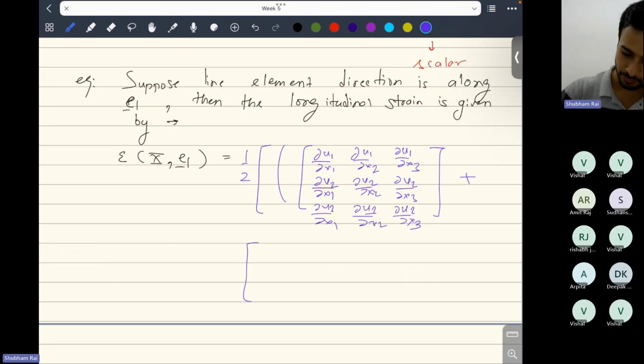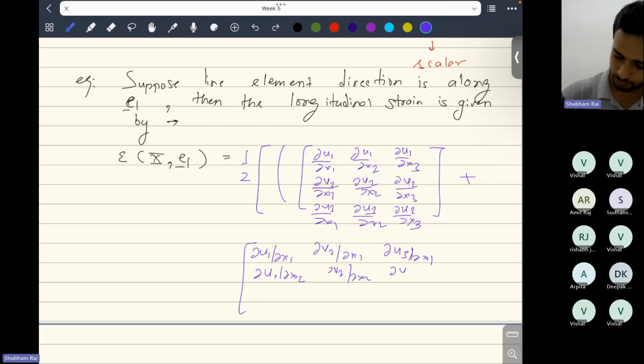If you do that, the transpose will be del u1 by del x1, del u2 by del x1, and del u3 by del x1. Second row will be del u1 by del x2, del u2 by del x2, and del u3 by del x2.